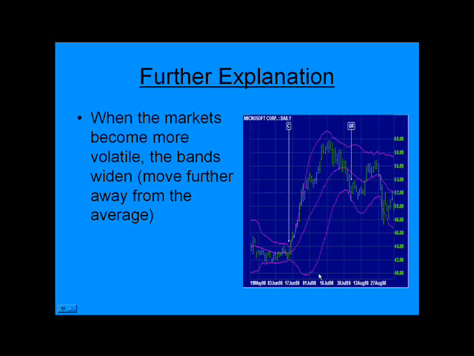Well, in a period of time when a stock is volatile, and that means that there's volume coming into the stock, either the buyers are pushing that stock higher or the sellers are pushing it lower, the bands begin to widen or spread apart and move away from that moving average. So here we are at point C, and we were consolidating for a bit. And as soon as the stock begins to push higher, you can see that we basically have an opening of our mouth, the opening of the bands.